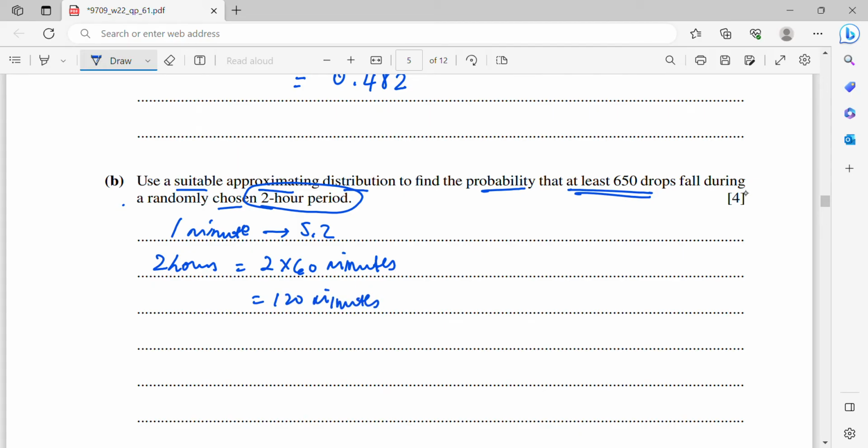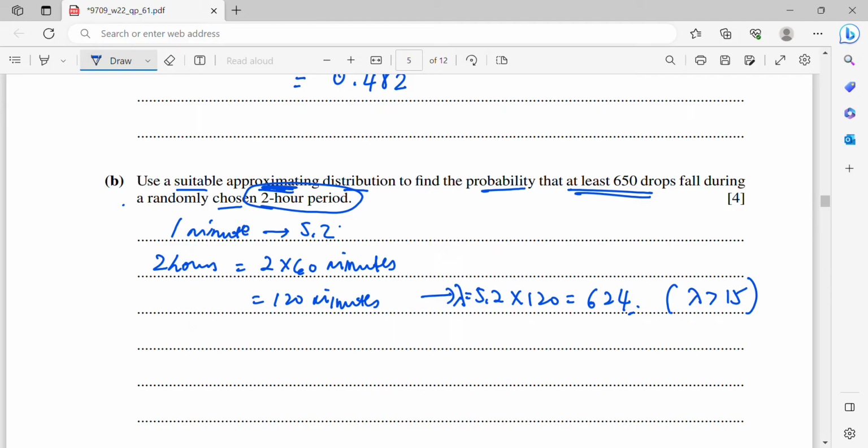So my lambda here will be 5.2 times 120, which becomes 624. We need to use the approximation because this lambda is greater than 15. Therefore you use normal approximation.